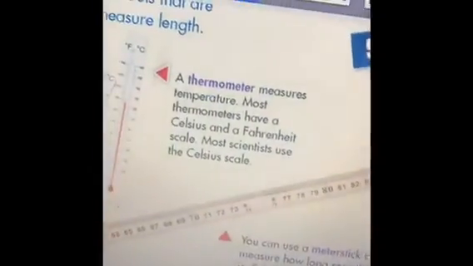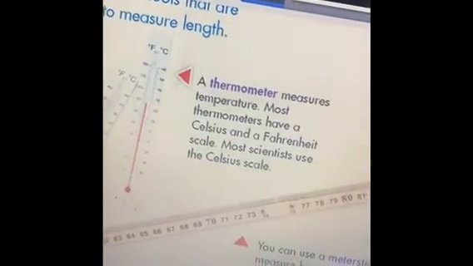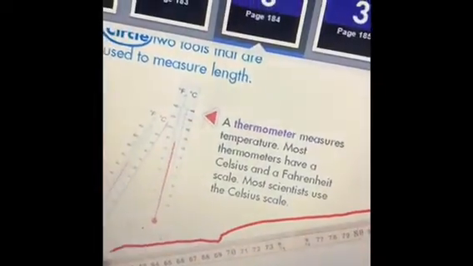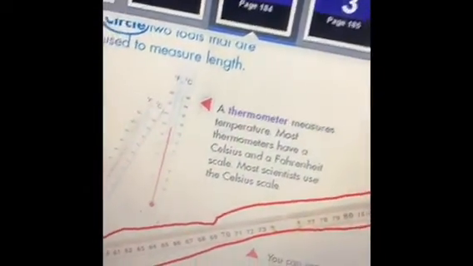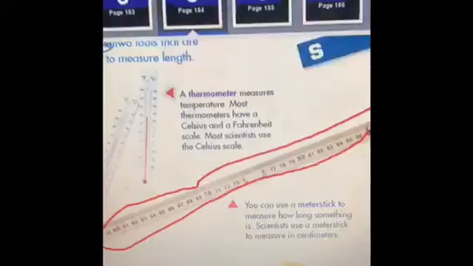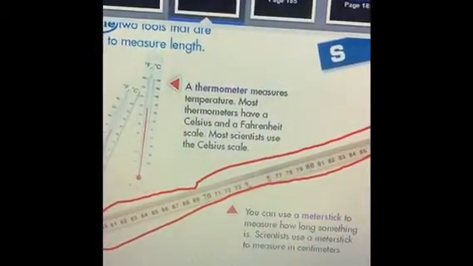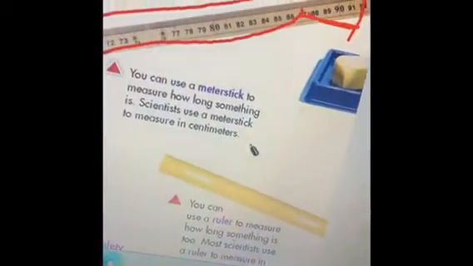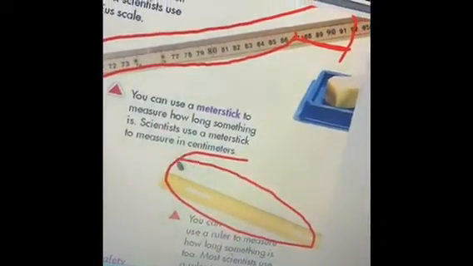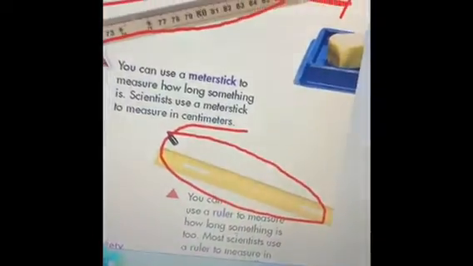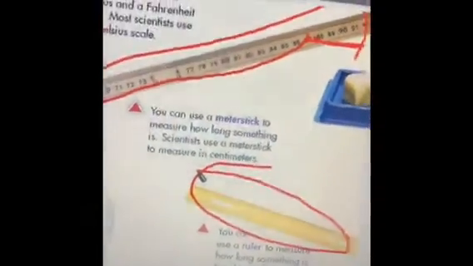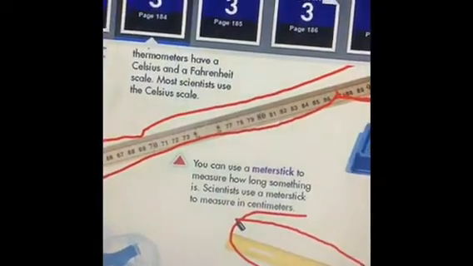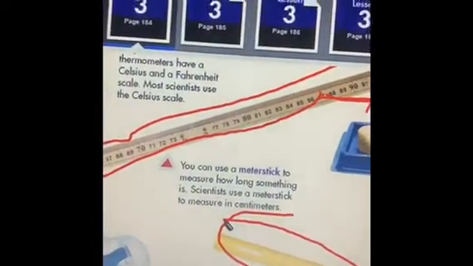The meter stick is used to measure the length of large objects, so circle it. And also the ruler. The ruler is used to measure the length of small objects. Circle these two tools because we use them to measure length.